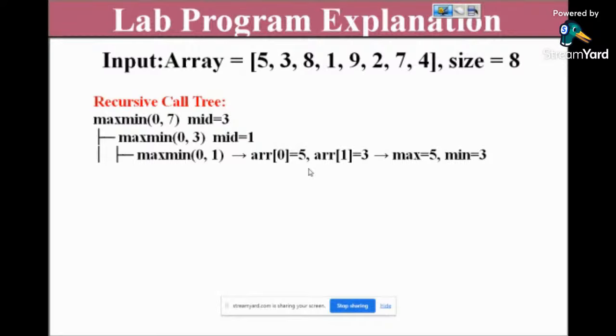So maxmin of 0,1, again this maxmin of 0,3 is divided into left part and right part. Now your control has gone to the left part. When control goes there, since there are 0 and 1, there are only two elements. So when there are only two elements, the problem is simple.